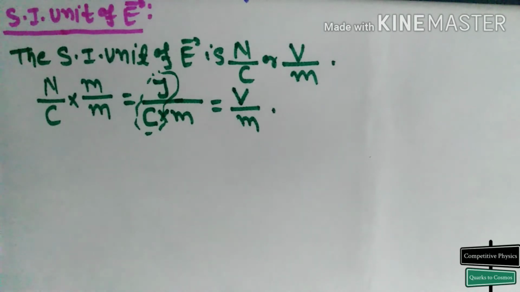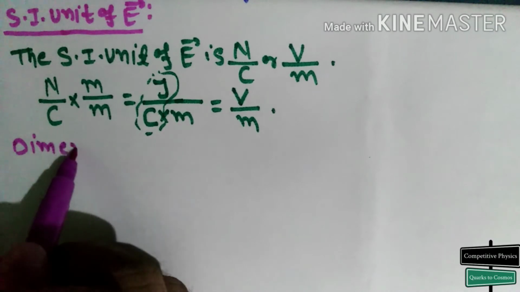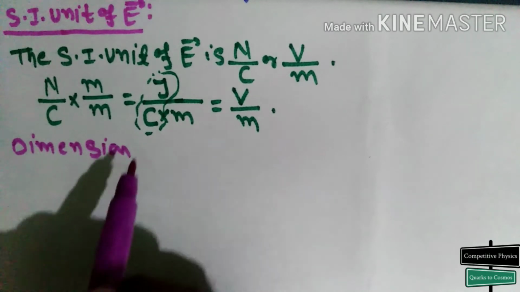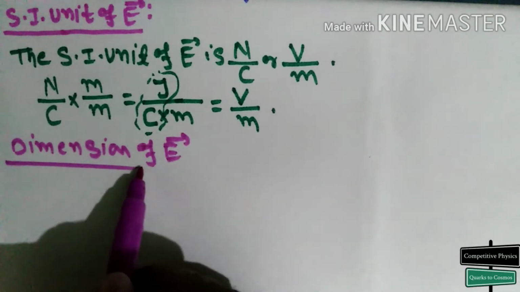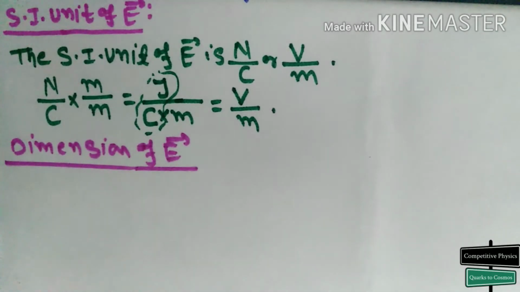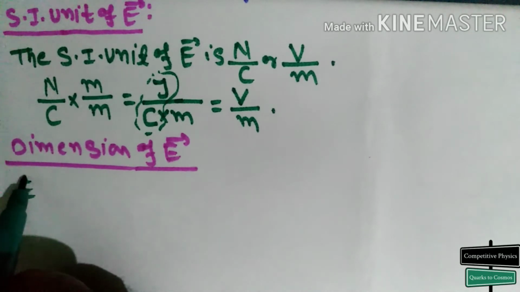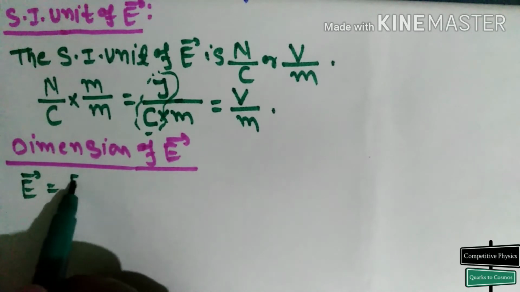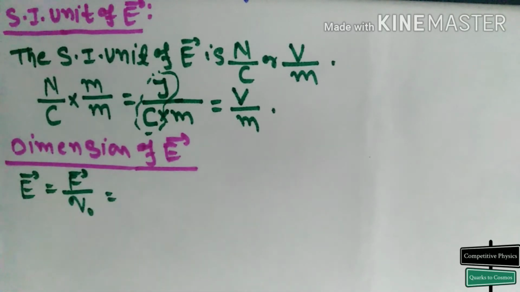So let us now write the dimension of E. As you know, the electric field E is defined as the force per unit test charge. So what is the dimension of F?